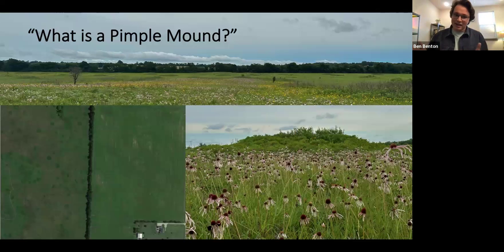Typically, when I talk to people about my research, their first question is, what the heck is a pimple mound? Essentially, a pimple mound is just a small hill. They're typically found in prairies or associated with prairies in some way, but they're about 1 meter tall and 20 meters in diameter, just a little hump out in a field.